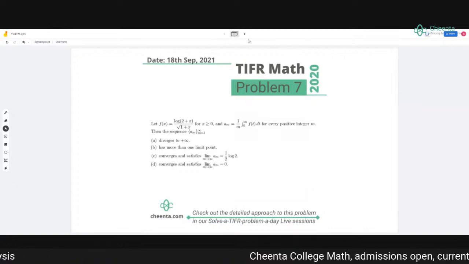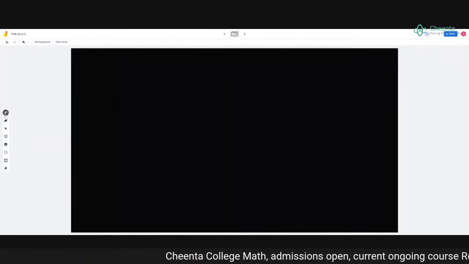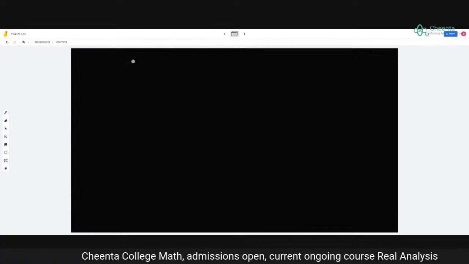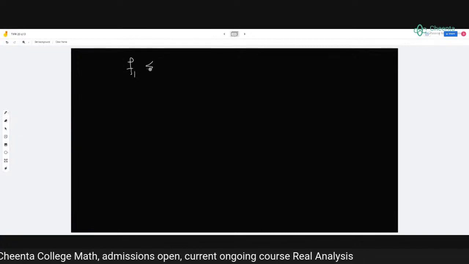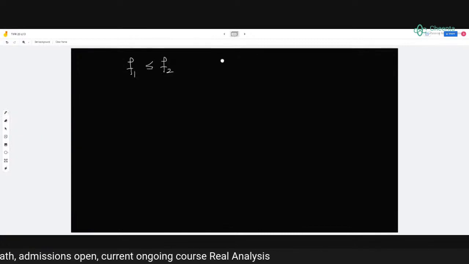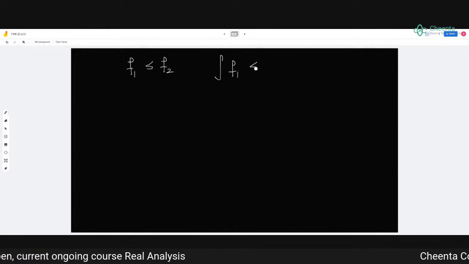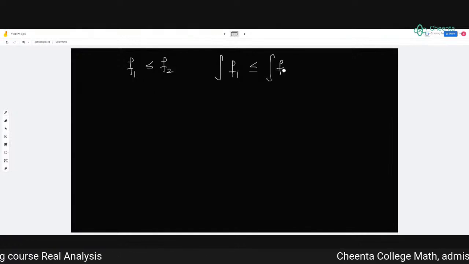So if I have f1 less than or equal to f2, then the integral of f1 is less than or equal to the integral of f2.